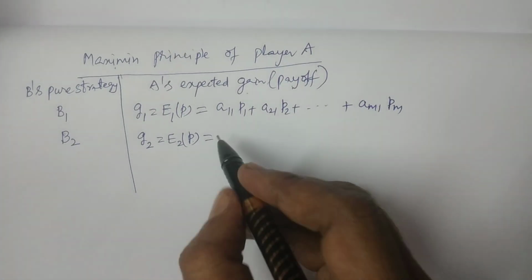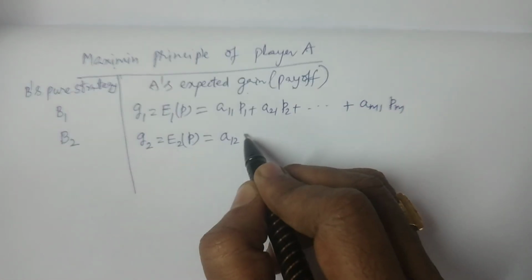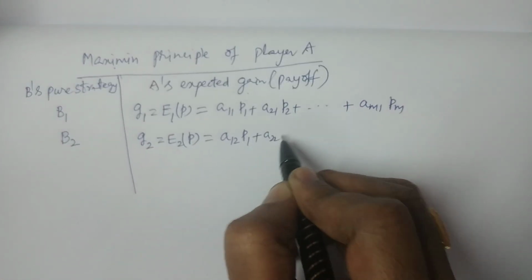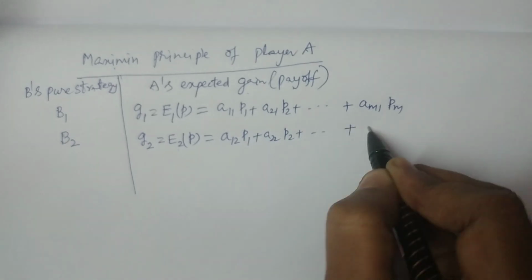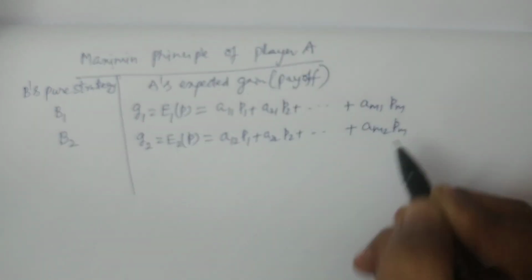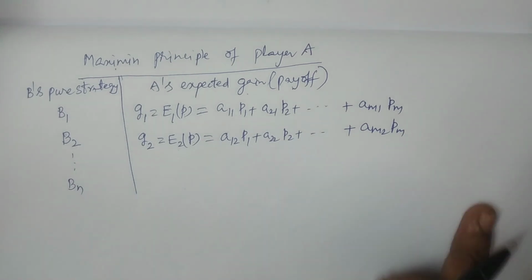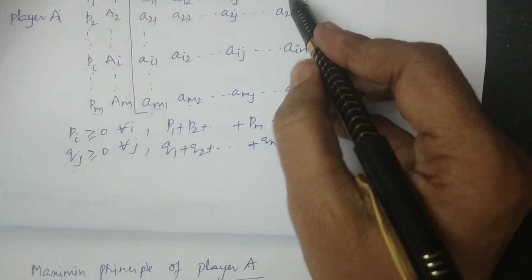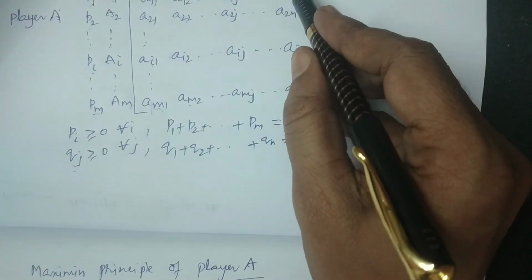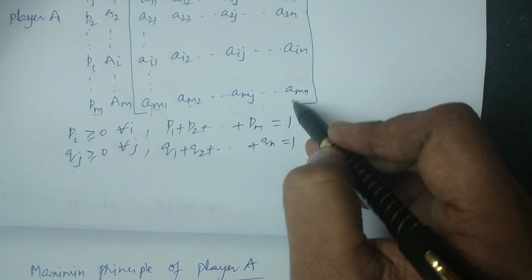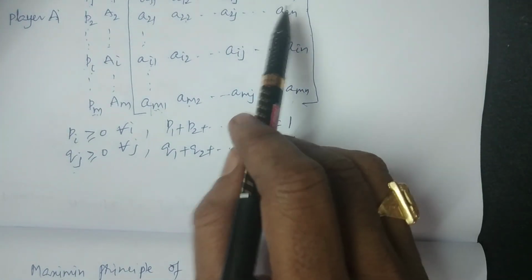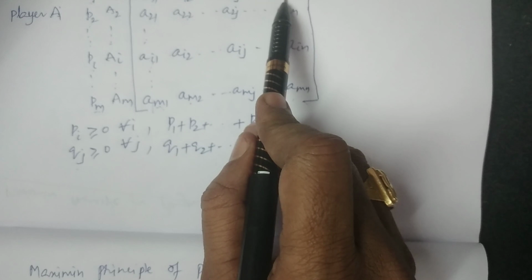Similarly, and so on, I am writing the last one, the strategy Bn. If player B uses the strategy Bn, then the minimum expected gain of player A is A1n into P1 plus A2n into P2 and so on, AMN into PM.